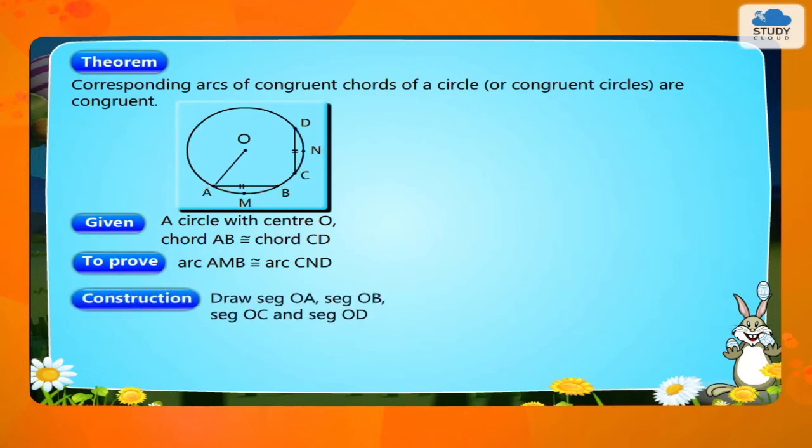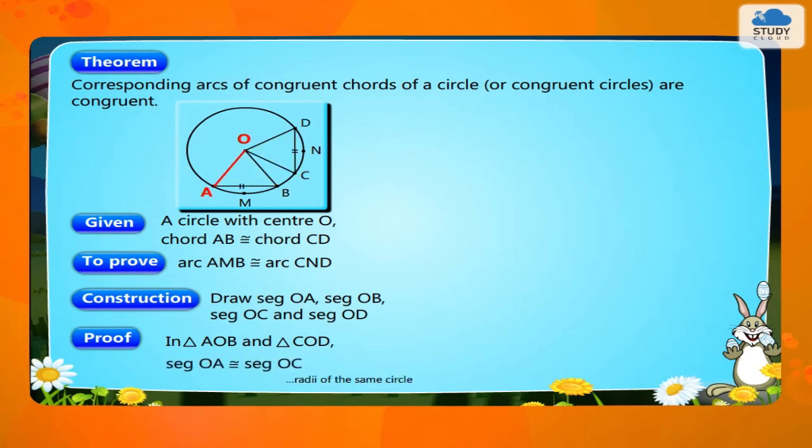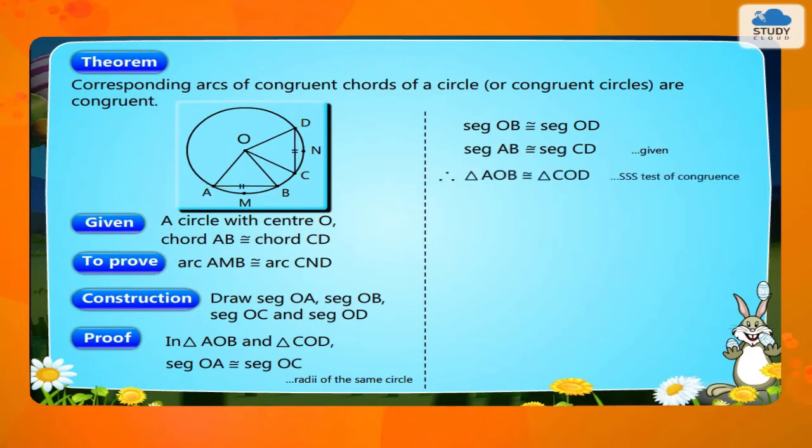Draw segment OA, segment OB, segment OC and segment OD. Proof. In triangle AOB and triangle COD, segment OA is congruent to segment OC, segment OB is congruent to segment OD, segment AB is congruent to segment CD. Therefore, triangle AOB is congruent to triangle COD.